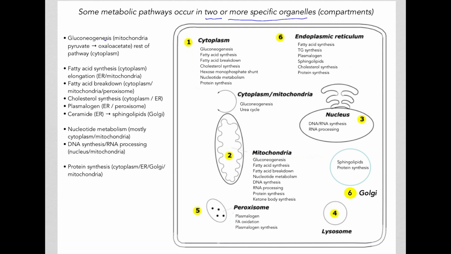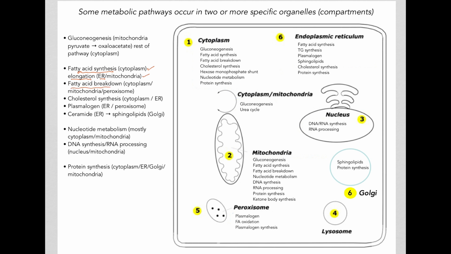Examples are gluconeogenesis, where the pyruvate oxaloacetate reaction occurs in the mitochondria. The rest of the pathway occurs in the cytoplasm. Fatty acid synthesis occurs in the cytoplasm, while elongation occurs in the ER as well as the mitochondria.